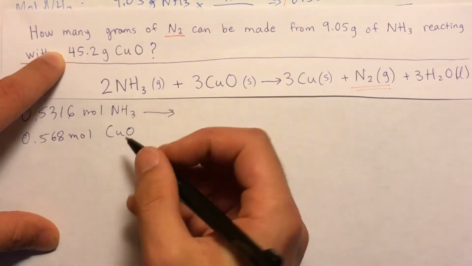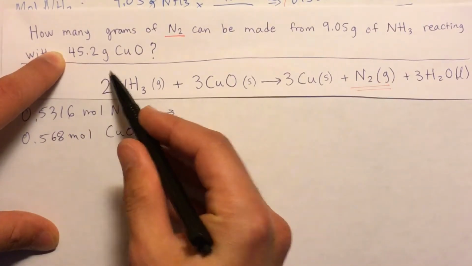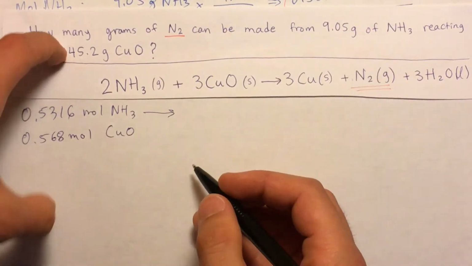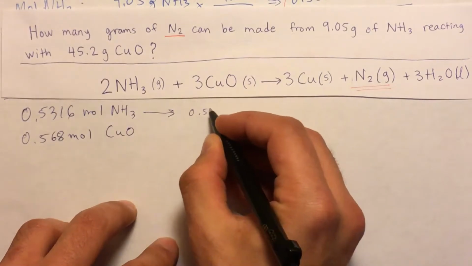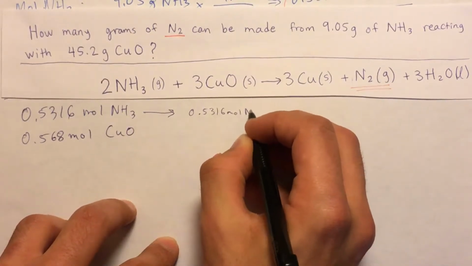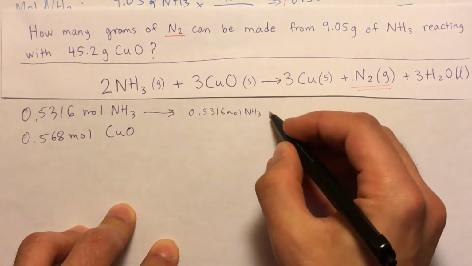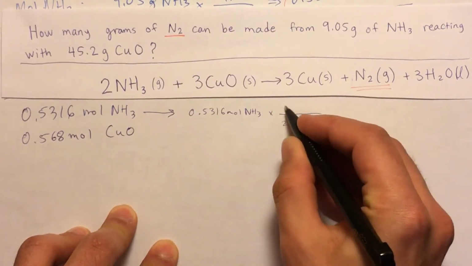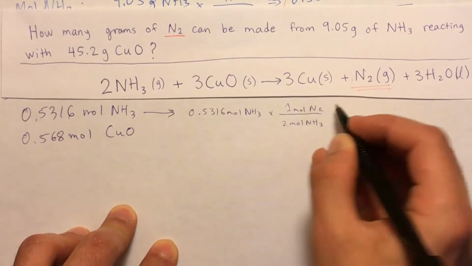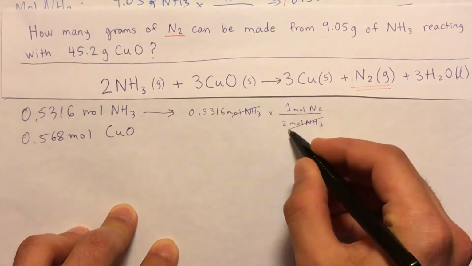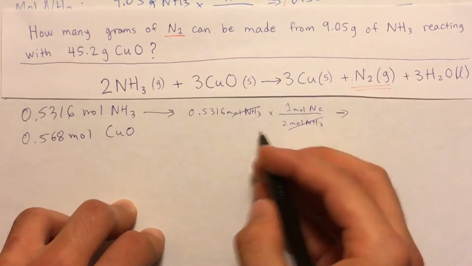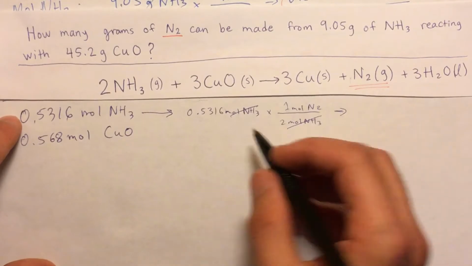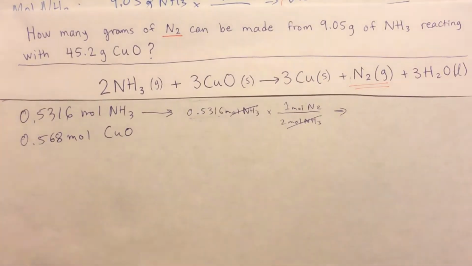If you look at the equation, 2 moles of NH3 could yield 1 mole of N2. So if you have 0.5316 moles of NH3, and we know that there are 2 moles of NH3 for 1 mole of N2, the moles of NH3 cancel out, so you're just dividing this number by 2 to get how many moles you could potentially make with this amount of NH3.